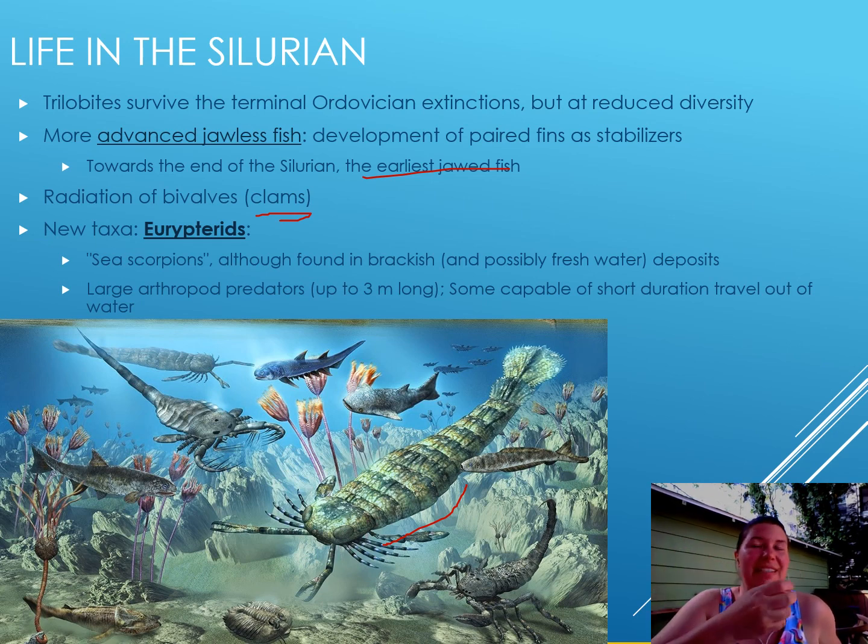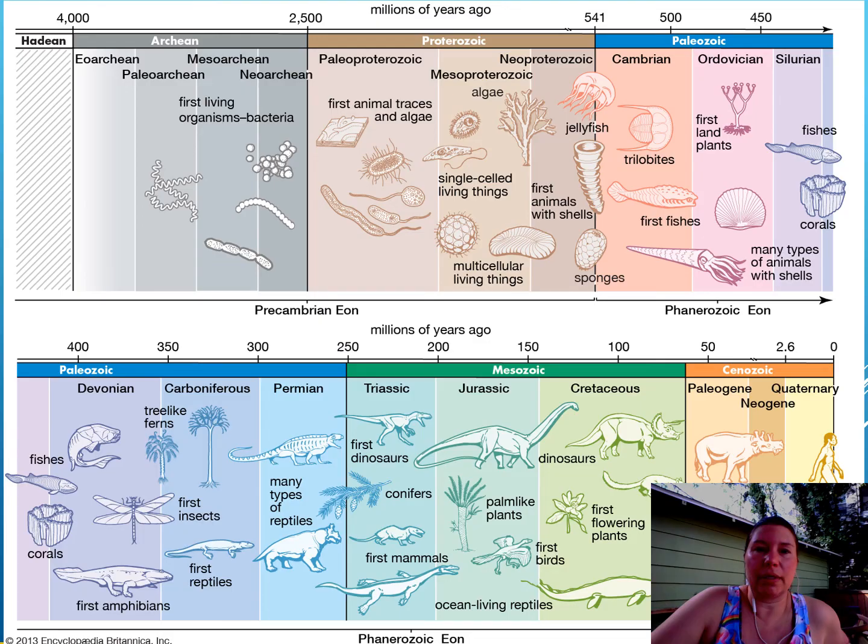It's not technically a sea scorpion, not that closely related to scorpions. But like all arthropods, insects, crustaceans, spiders, scorpions, millipedes, centipedes, they have the ability to breathe outside of water and inside water, so they could often do pretty well. So that's what's going on during the Silurian.